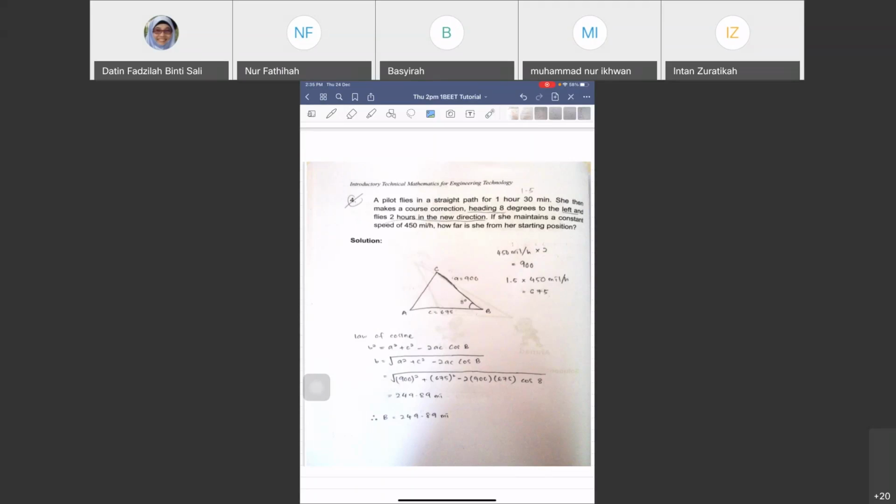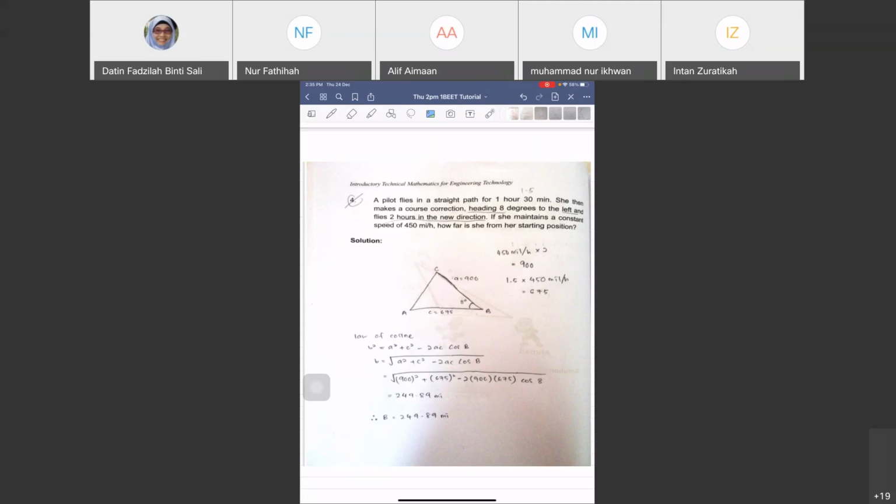Okay, so let's look at this. Look at the diagram, look at the information. For this question, the diagram is supposed to be like this.